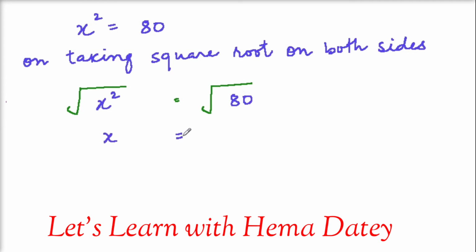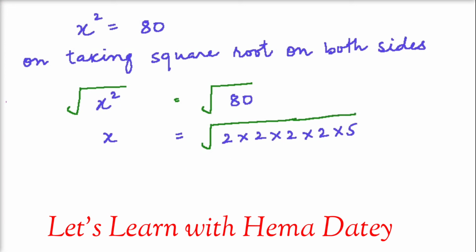Square root of x square is x, and for square root of 80, we will write the prime factors of 80. So the prime factors are 2 multiplied by 2 multiplied by 2 multiplied by 2 and multiplied by 5. Since the order of the surd is 2, we'll make groups of 2 same prime numbers. So we have a group of 2 and again one more group of 2.